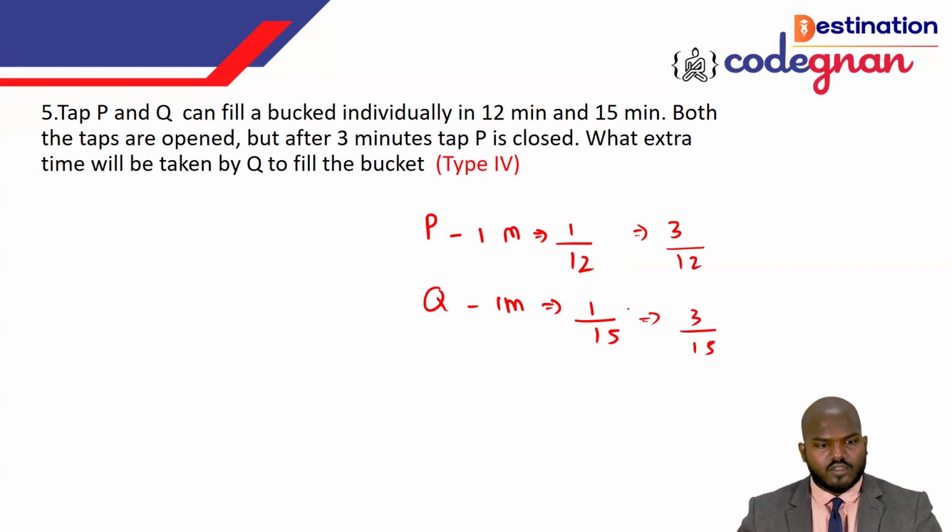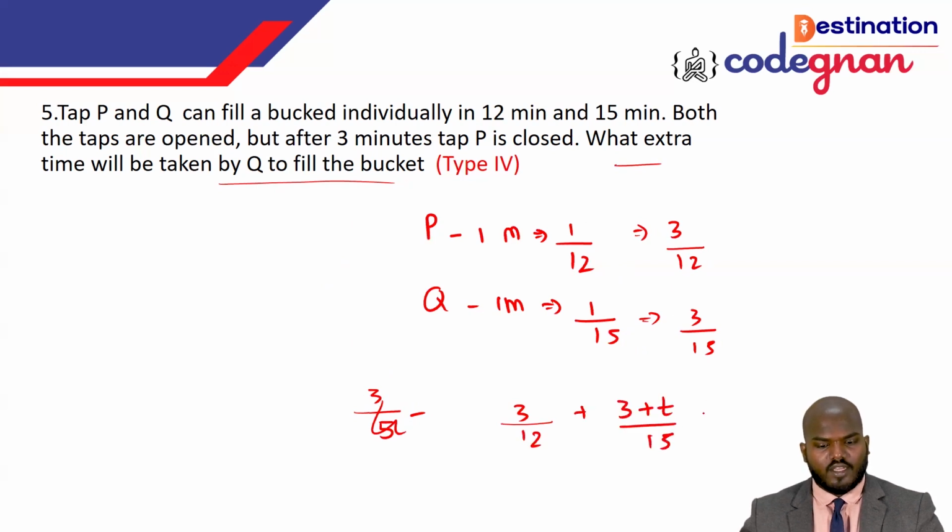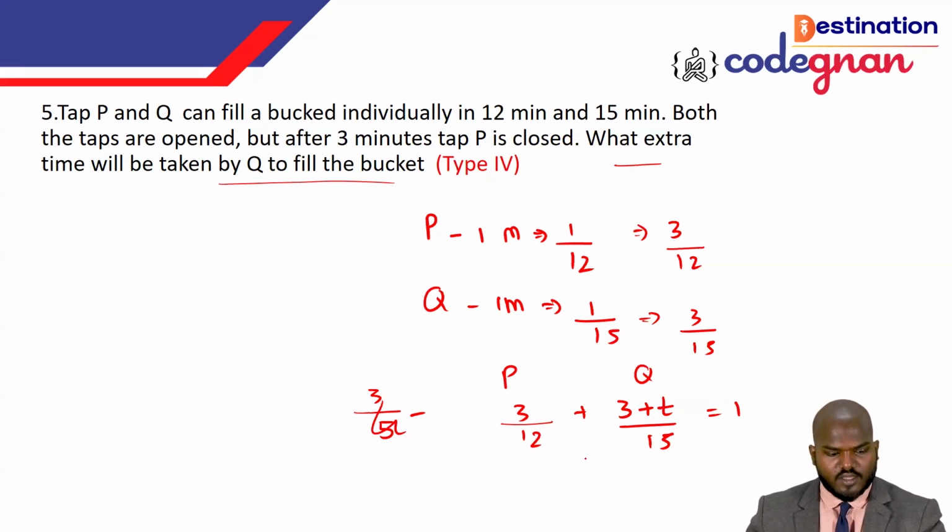The extra time taken by Q is what they are asking, so 3 by 12 plus (3 plus T) by 15 is equal to 1. The 3 by 12 is P and Q working together. Taking 15 and 12, the common ratio gives 3 plus T, and if you simplify, it will give you 4.